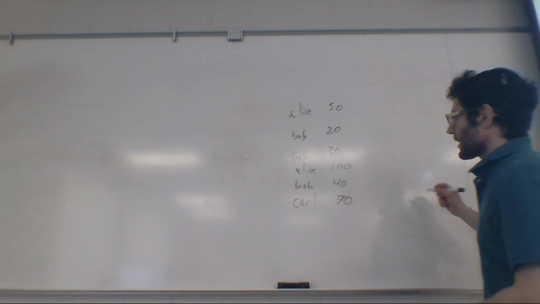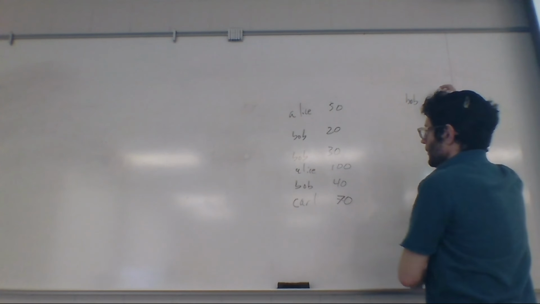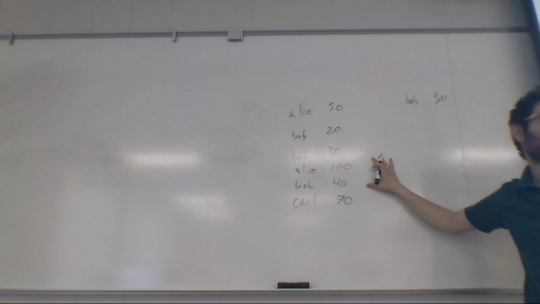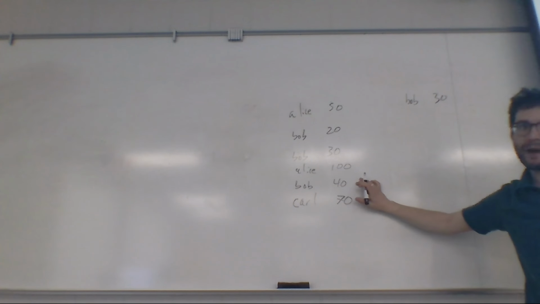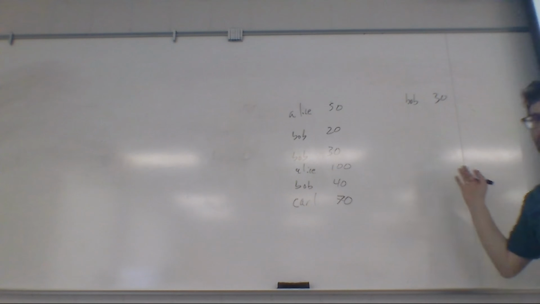It should look something like this: Bob 30, because on average Bob was logged in for 30 seconds, right? The average is 20, 30, and 40 for Bob. The average of Bob's logins is 30 seconds, right? 20 plus 30 plus 40 divided by 3.